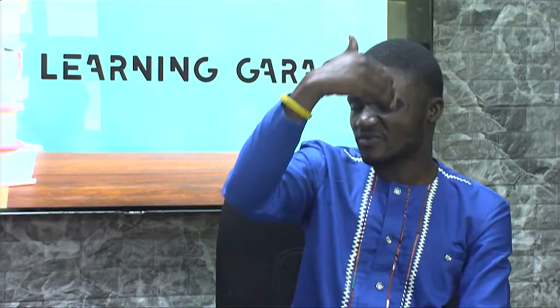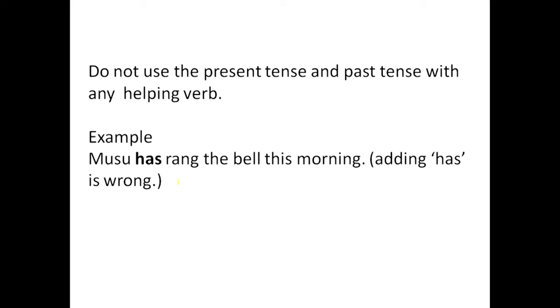So please do not use the present tense and past tense with any helping verb. Do not use present tense and past tense with forms of verb to be or forms of verb to have. Do not, please. So for example, imagine we have here, Musa has rang the bell this morning.